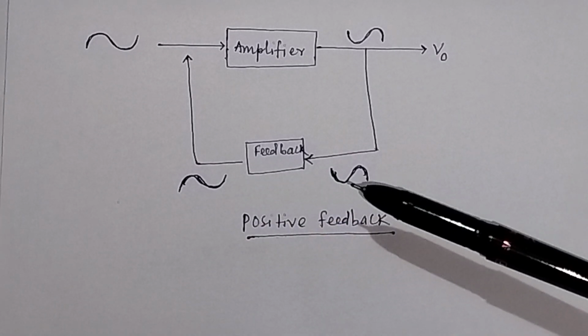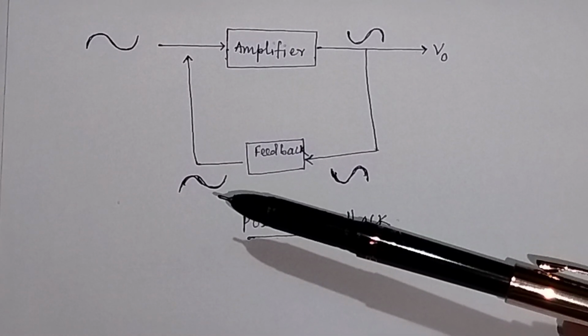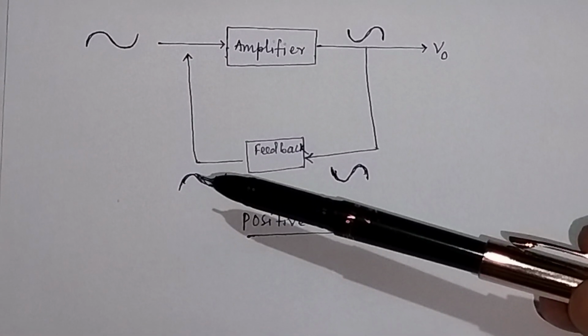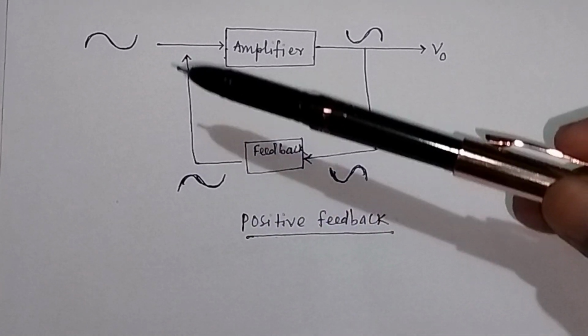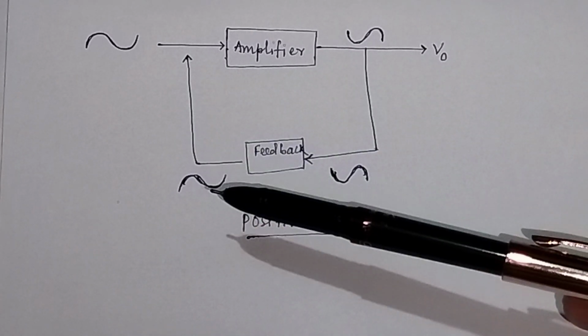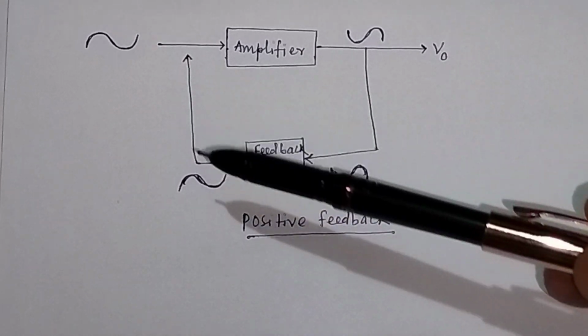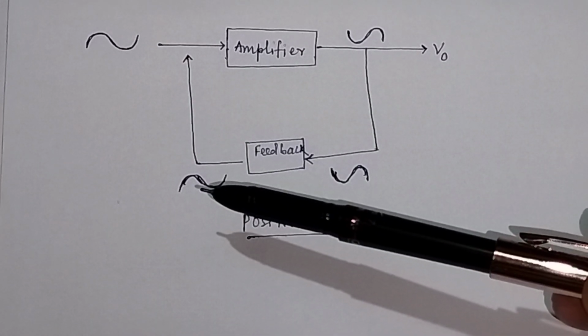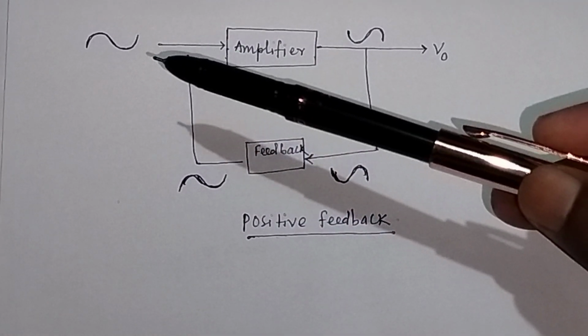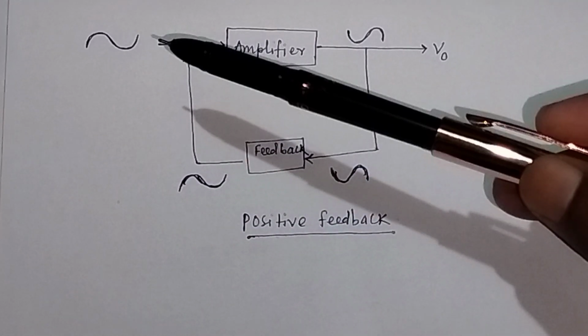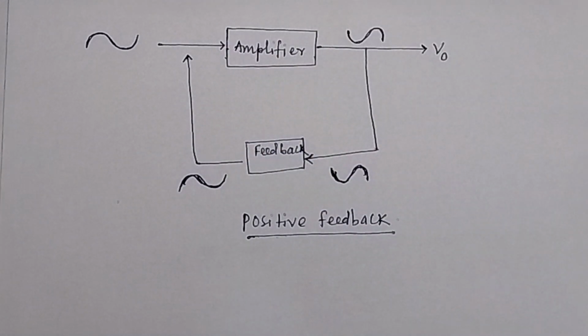You see the input signal and you see the output signal. Here you have 180 degree out of phase. So if you look at these two waves, this is the input and this is the feedback signal, and they are in the same phase. They look the same, in the same form.